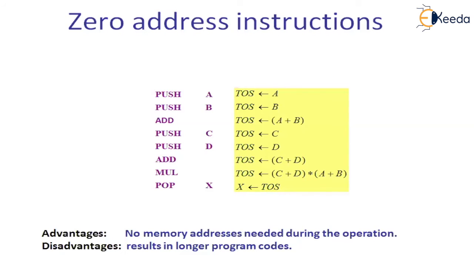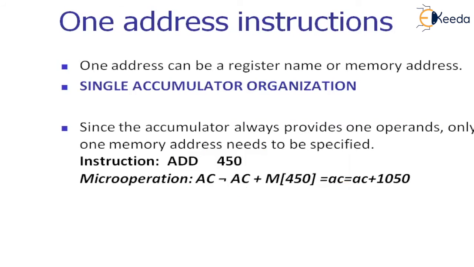One address instructions will be like this: in the single accumulator organization, we can have one address instruction. That is because in single accumulator organization, we had only one general purpose register, that is the accumulator. Second operand will always be the accumulator.